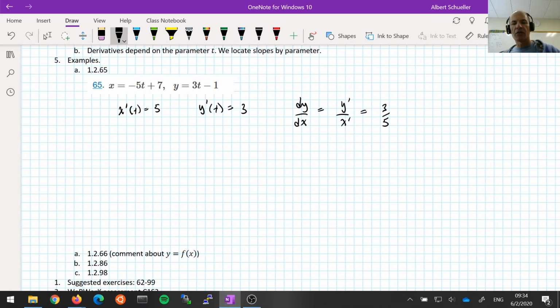We could see this another way. The exercise doesn't require this, but just to convince you that this is actually a sensible result, we could eliminate the parameter here. So we could solve for t in terms of x in the first equation and substitute that into the second equation.